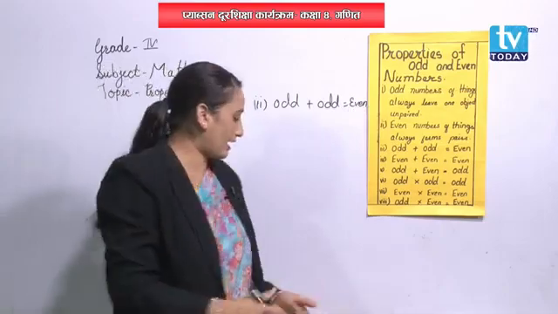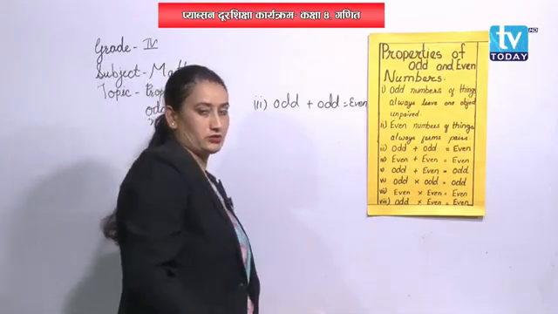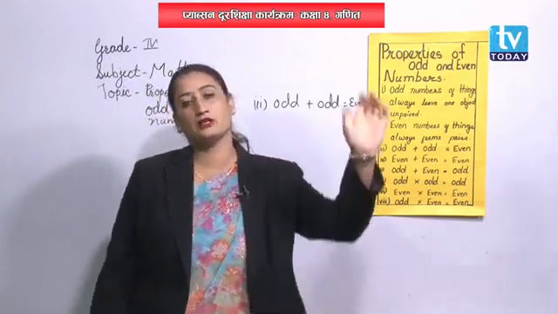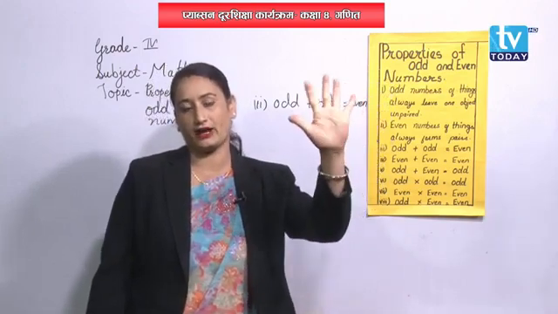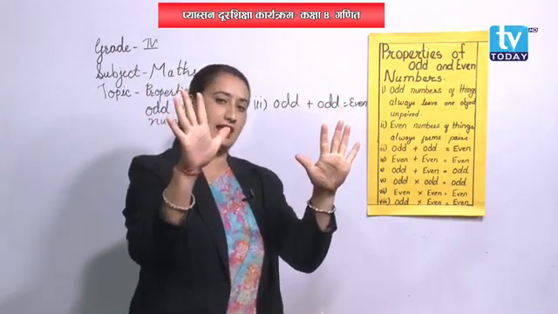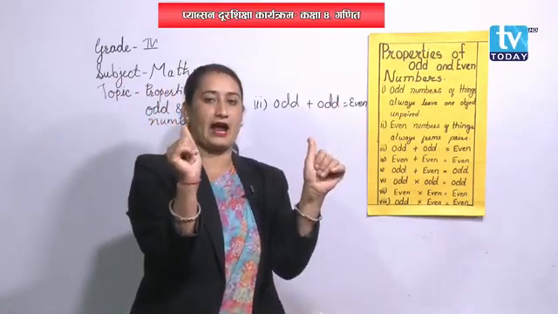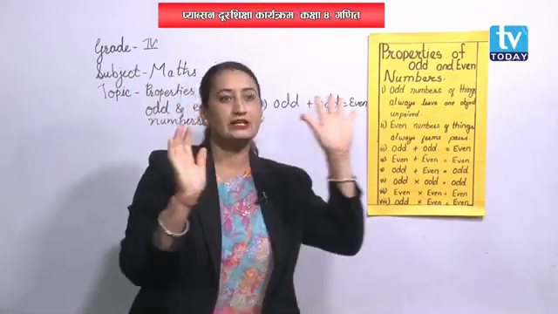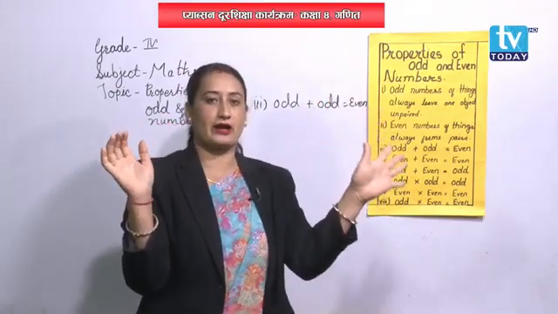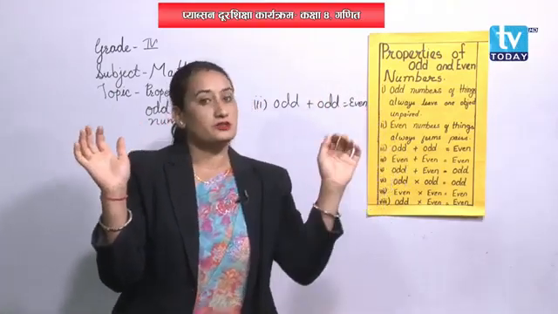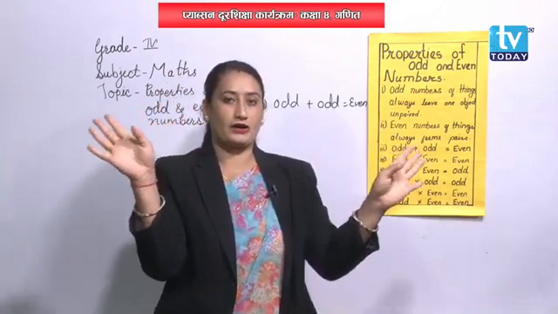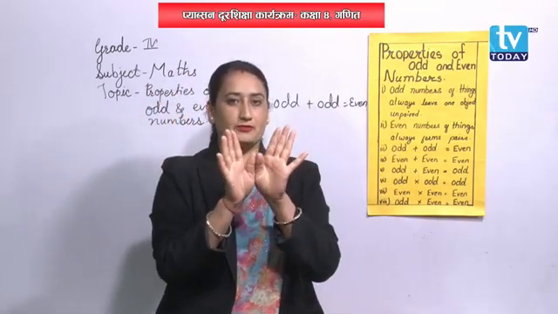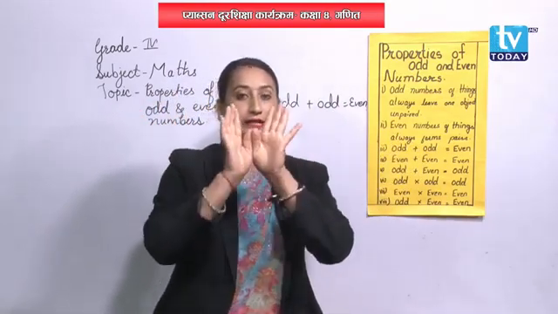Just now I have shown you with my fingers, so you can see it on your one hand. This is odd, right? This is another odd. If I add these two, odd and odd, then it becomes even, right? This 5 fingers, this 5 fingers, 5 is odd, 5 is odd. So if I add odd and odd at once, then it forms a pair. That means even.